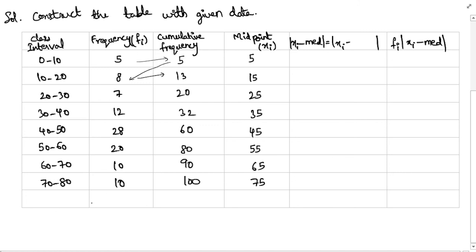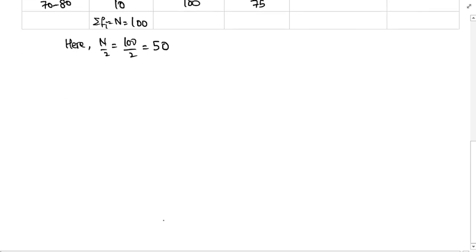Here we know that n, that is the sum of fi, is equal to the sum of all these numbers, that is equal to 100 here. From that, n by 2 is equal to 100 by 2, which is equal to 50, right?